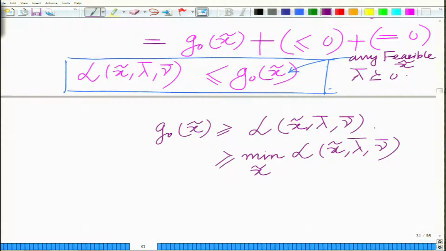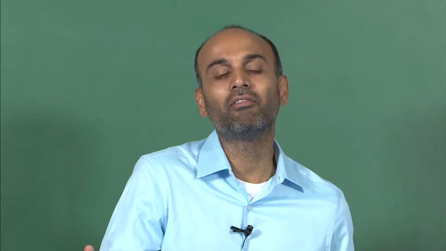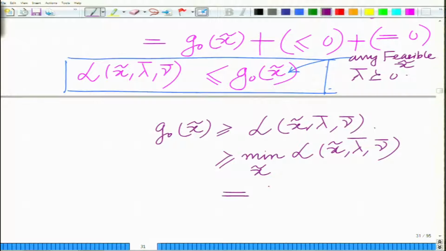So, what you have now shown is that G naught of x tilde is greater than or equal to the Lagrangian at x tilde, and therefore, you take the minimum of the Lagrangian over the set of all feasible points x tilde. Naturally, G naught of x tilde is going to be greater than or equal to the minimum value on the right hand side, and the minimum value on the right hand side is nothing but the Lagrange dual function. So, once you take the minimum, that is your GD of lambda bar, nu bar.